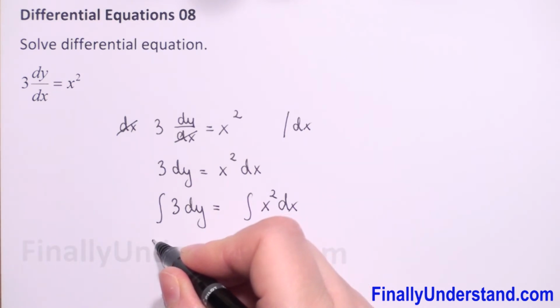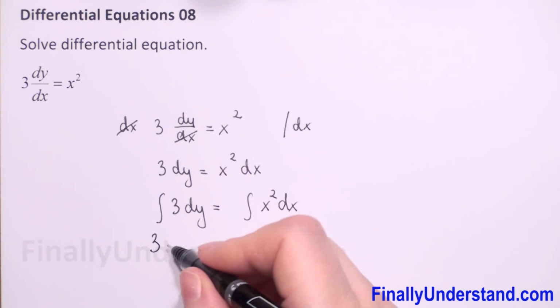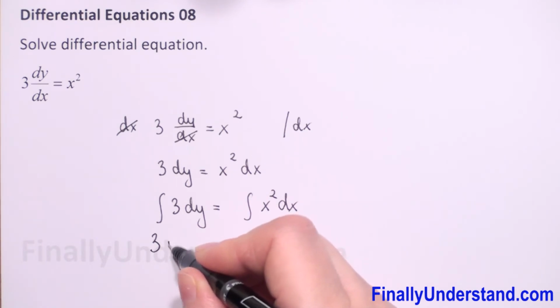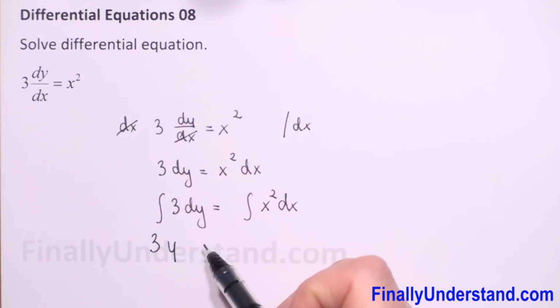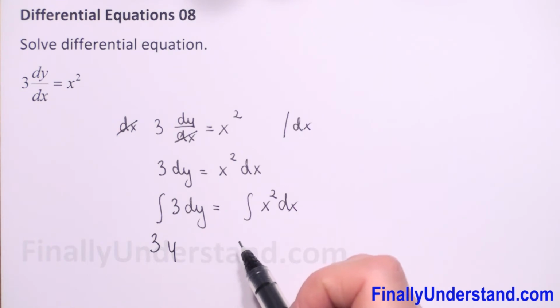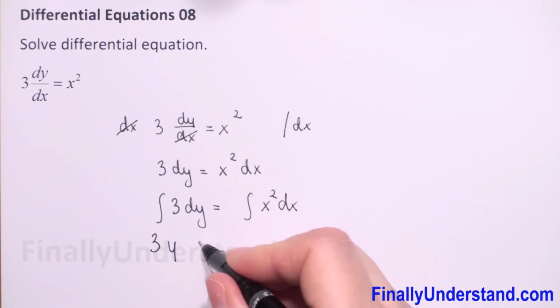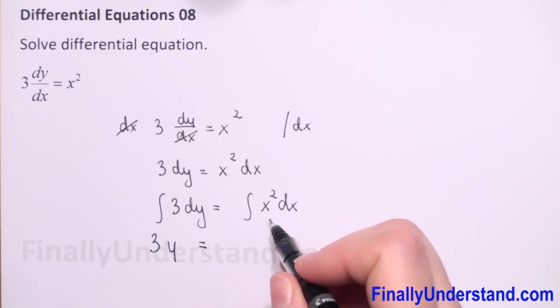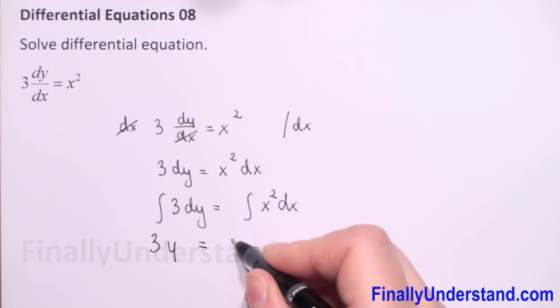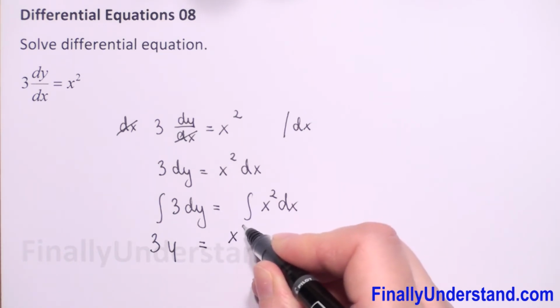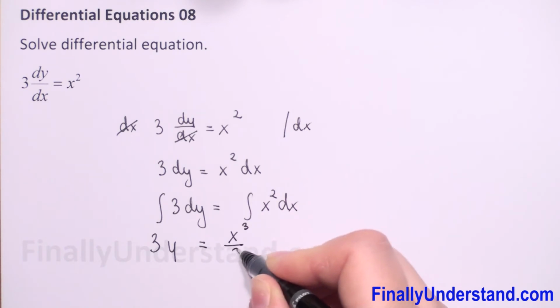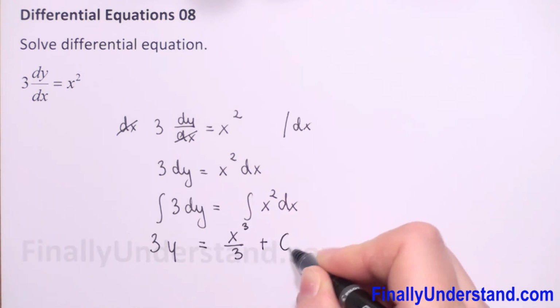So we copy 3, and the integral of dy is y. The constant we only add on one side. So this is equal to, and the integral of x squared with respect to x is x cubed over 3 plus c.